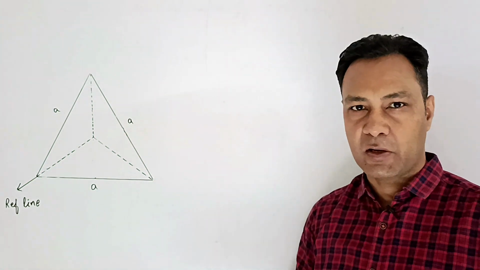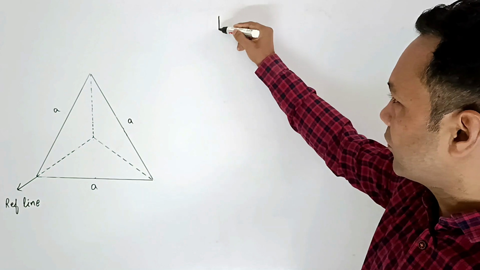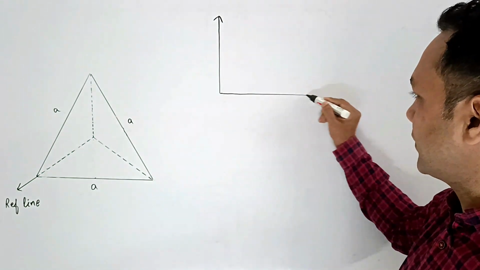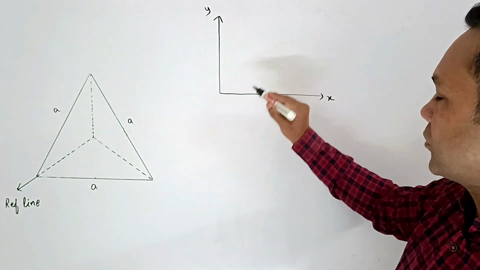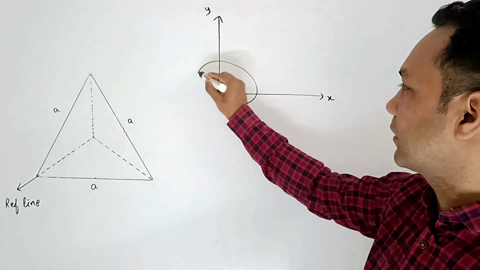So let me quickly explain what I'm going to do. Normally, we use Cartesian coordinates. Suppose I want to use polar coordinates. Suppose this is my normal Cartesian coordinate system, and the particle is moving in this plane, something like this.